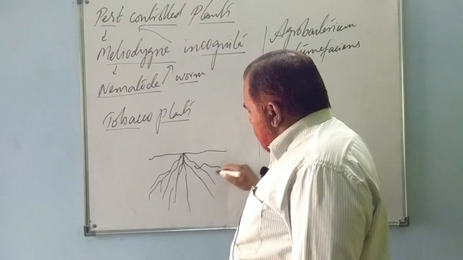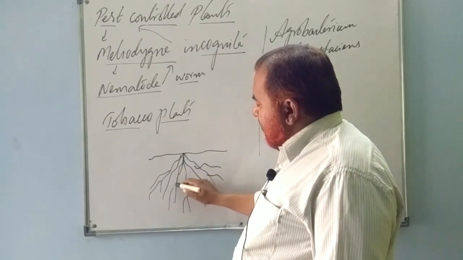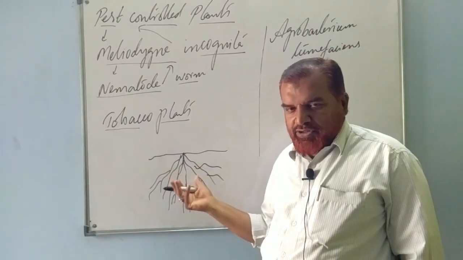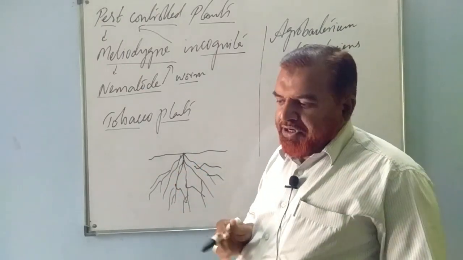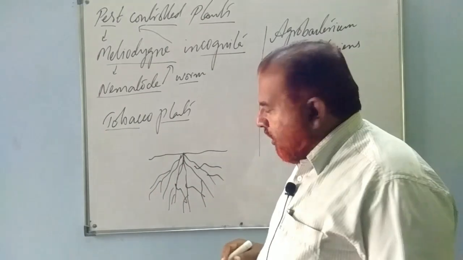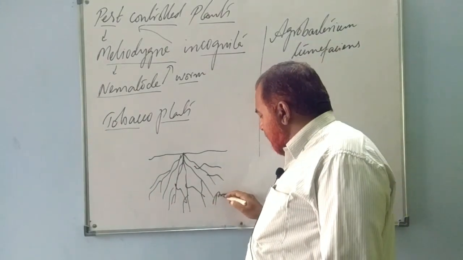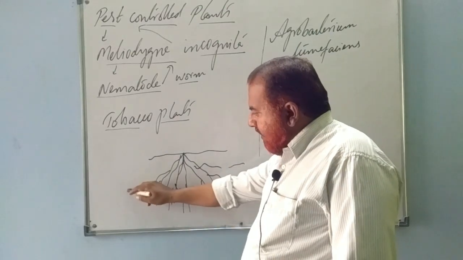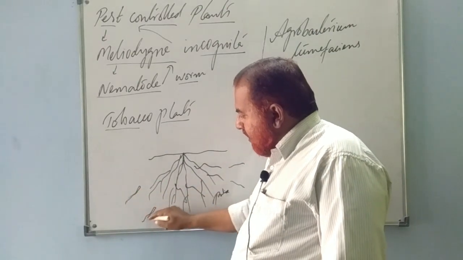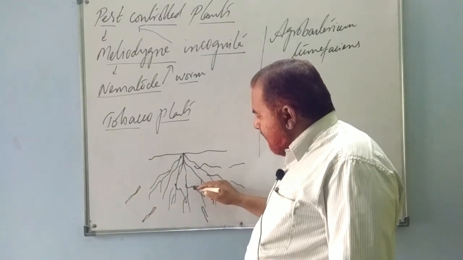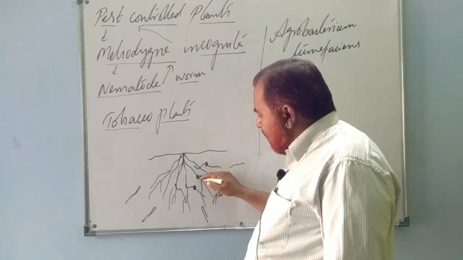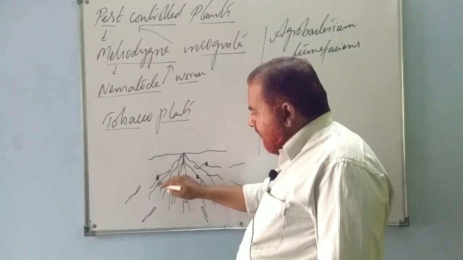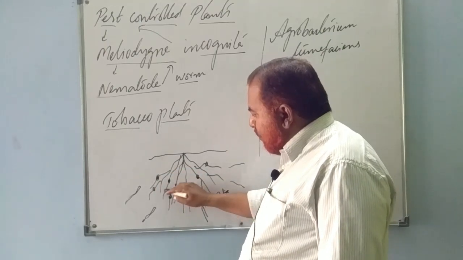These nematodes will be present in the underground soil, because it infects roots, so it is understood that it is present in the soil. Due to the secretion of a protein, these worms get attracted. They come to the roots, they settle onto the roots of these tobacco plants and other plants. Then they start damaging the roots.